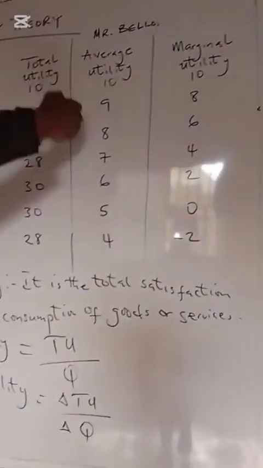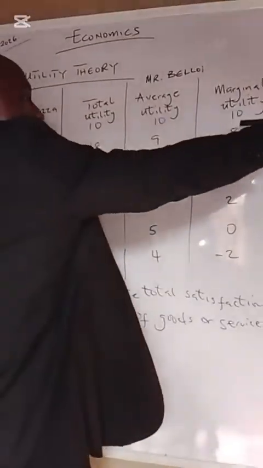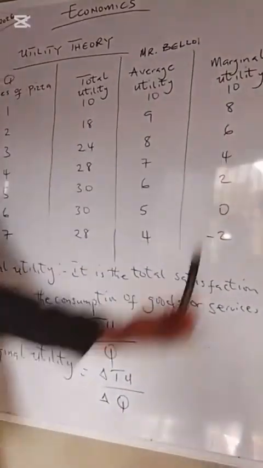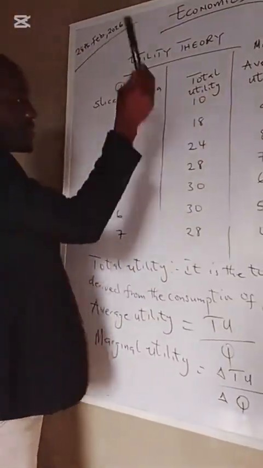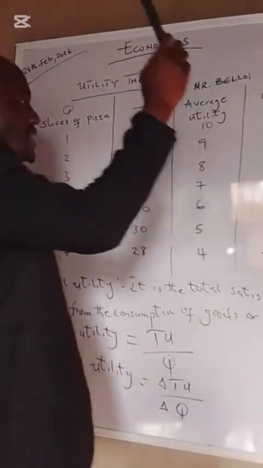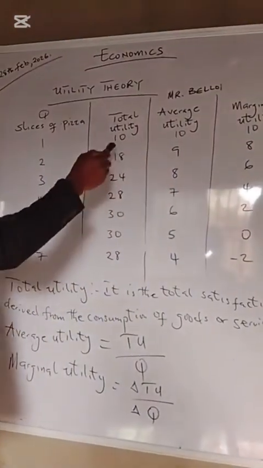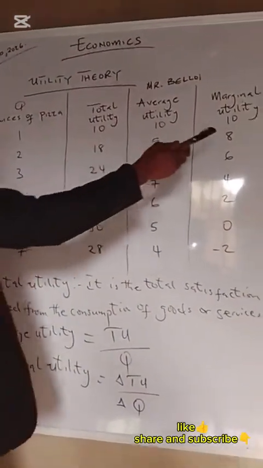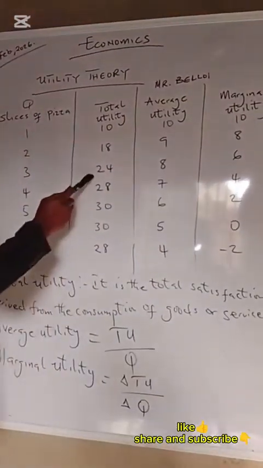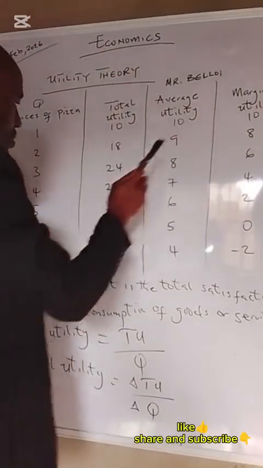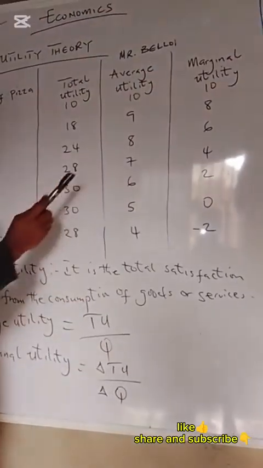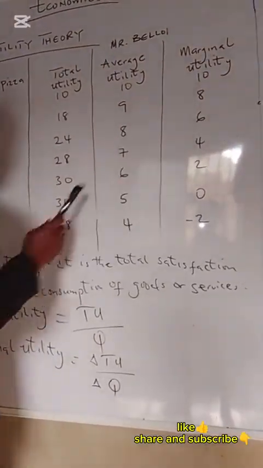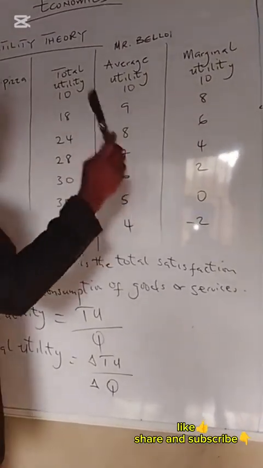As the total utility is changing, the marginal utility also will be changing. That's what they are saying there. So 18 minus 10, we get 8. 24 minus 18, 6. 28 minus 24, that's 4. 30 minus 28, 2. 30 minus 30, 0.